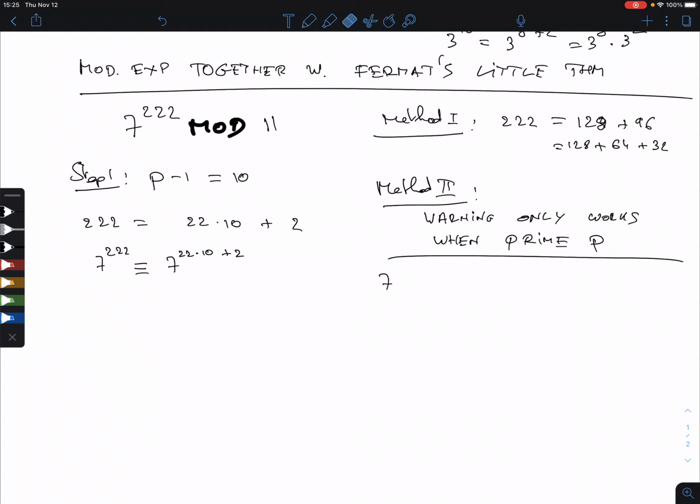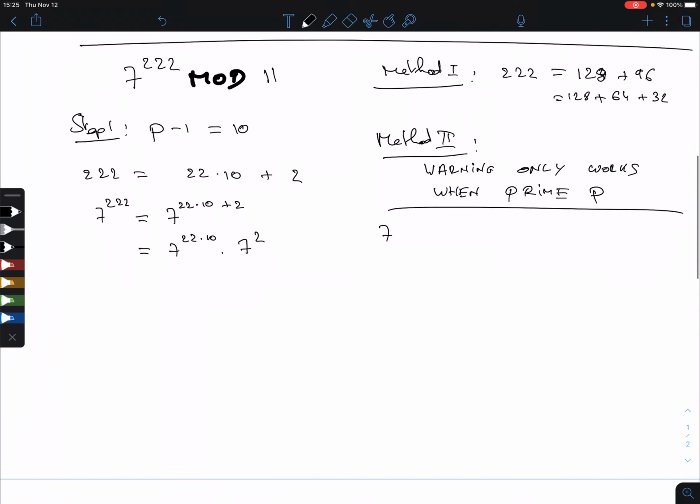A sum in the exponent means multiplying powers, but there's another rule of exponentiation, namely the product of two powers is the same as a power of a power. Now it's very important that I put the 10, the P minus 1, inside. You'll see why.